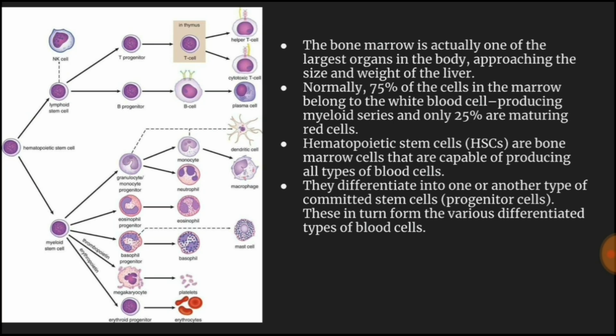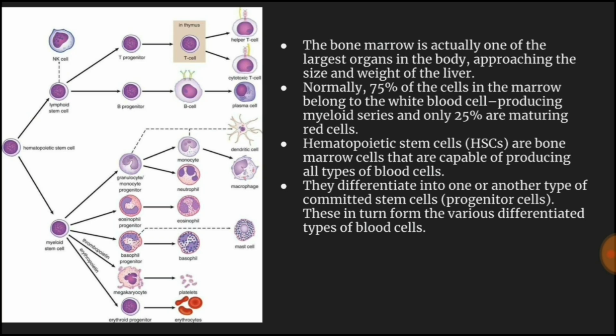Bone marrow is usually seen in the largest bones of the body, like femur and humerus. This bone marrow is involved in the differentiation of cells to form RBCs, WBCs, and platelets. You can see in the image there is a hematopoietic stem cell which gets differentiated into lymphoid stem cell and myeloid stem cell.